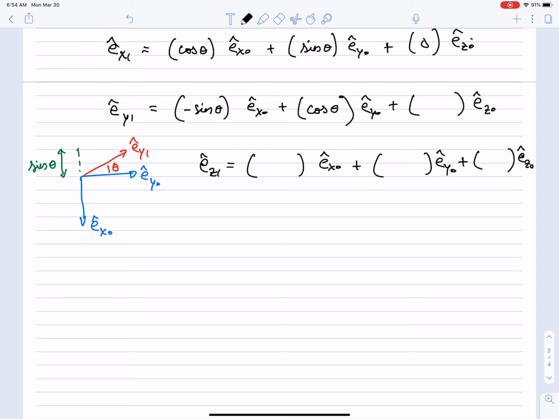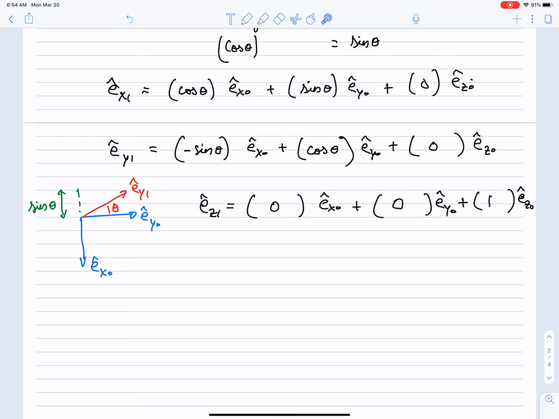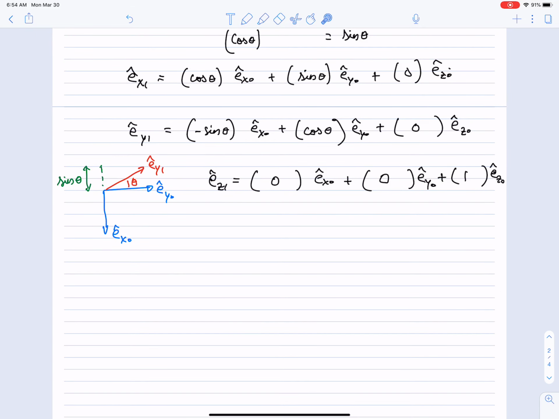Okay, because EZ1 equals EZ0, really this is 0, 0, and 1. There is no projection of EZ1 onto EX0 or EY0. Well, similarly here it's 0. Okay, so we have three equations here that relate EX1, EY1, EZ1 to EX0, EY0, EZ0 in terms of the components of these vectors in essentially these axes.